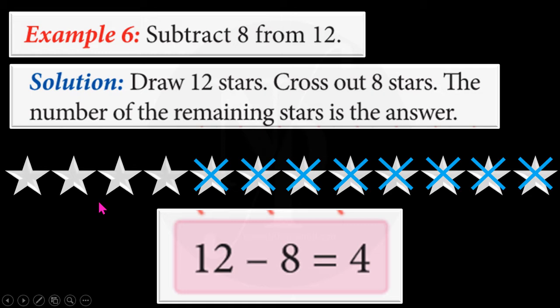There is no need to always draw stars. You may draw lines or whichever simple pictures you can draw. You can draw and cross out the number to be subtracted from the total number of objects to find the difference, or the answer. Or simply you can draw standing lines.